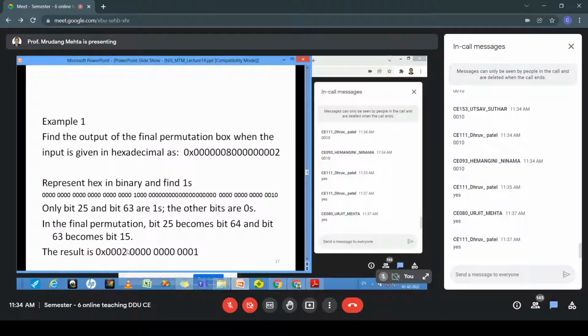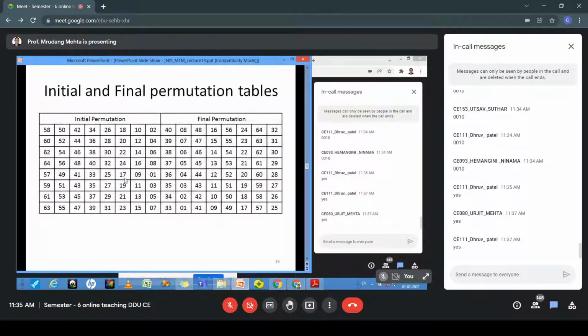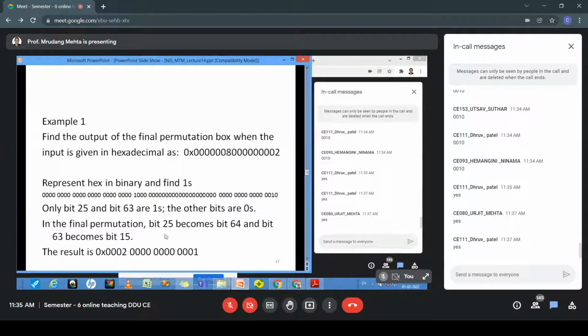Okay, this is 2. 25th becomes 64. You can see 25th bit is 64. So 64th bit becomes 25 and 63rd bit is 15. So 15th bit is 63rd. Okay. Now this value is converted into hex.